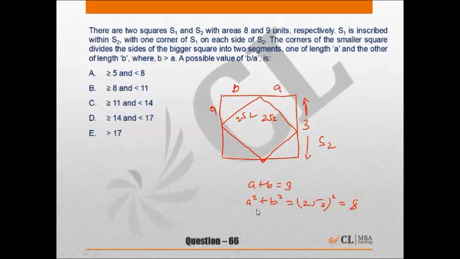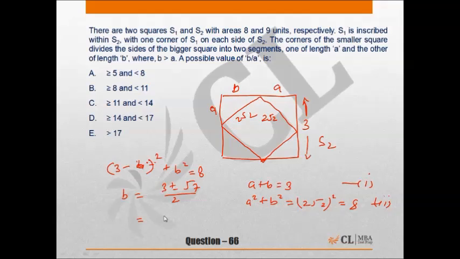Now substituting the value of A in terms of B from the first equation into the second equation, we get (3 minus B) whole square plus B square equals 8, which on simplification gives B equals (3 plus minus root 7) upon 2.